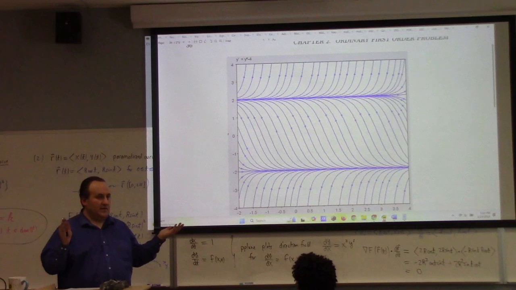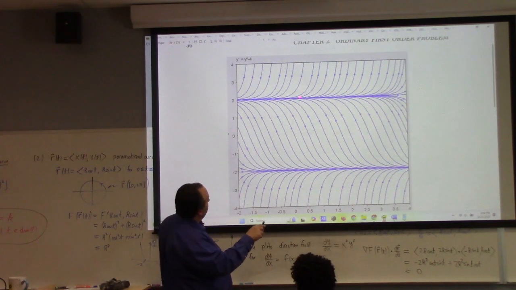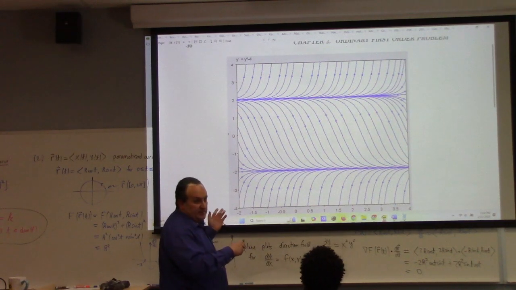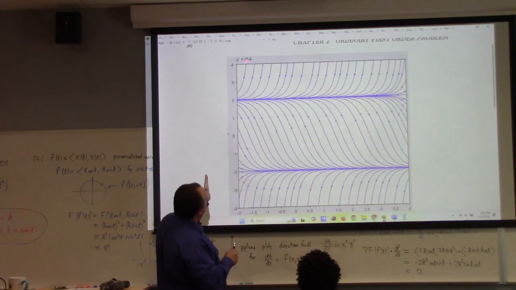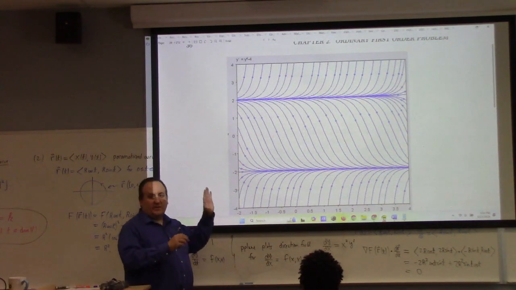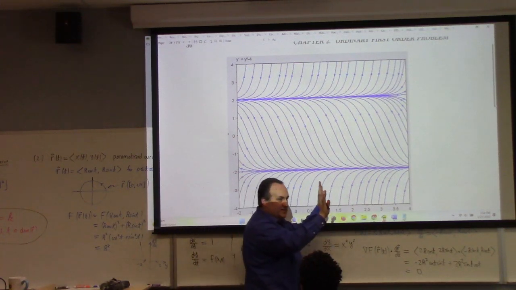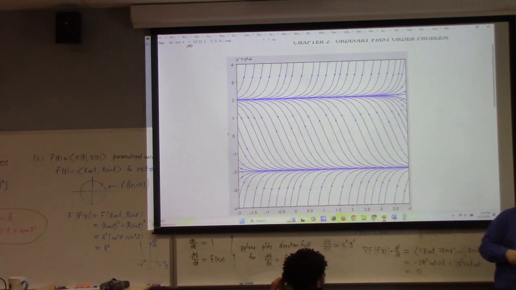And as you can see, we're increasing down here and up here, and we're decreasing right there, just like we wanted. Also, you notice that because the differential equation is only a function of y, there's a symmetry in the sense that no matter where you are on x, it's the same as you go from one side to the other.